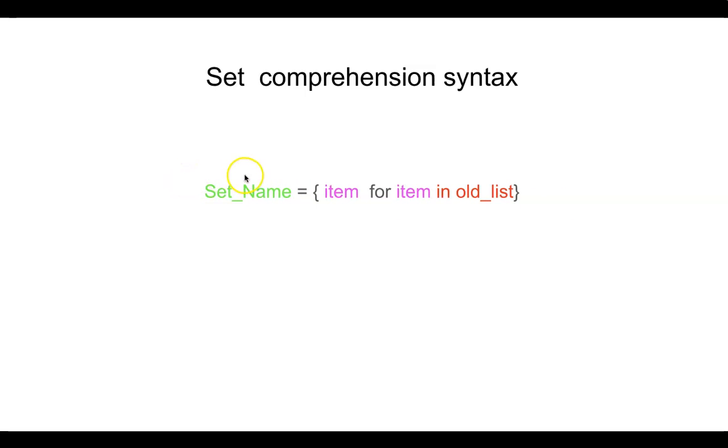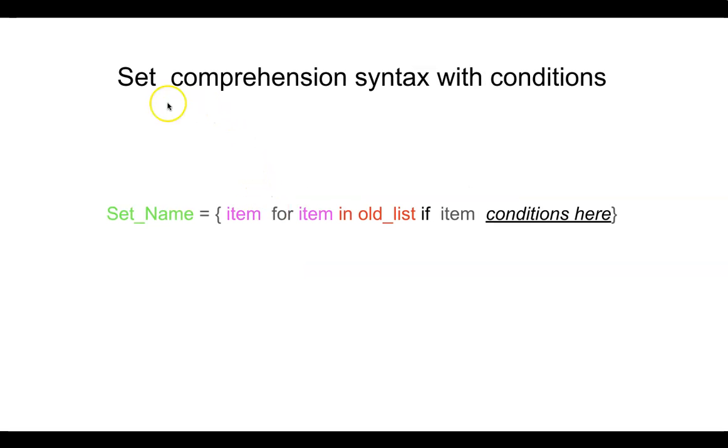So we have the name of the new set, and this time we have curly braces. For the list we have square brackets, so for the set we have curly braces. We say for item in the odd list. Basically we're going to take the item in the odd list and put it in the set. Okay, so let's see that in action.